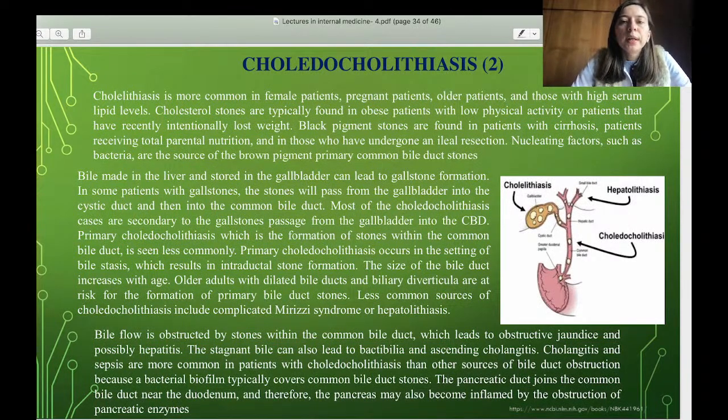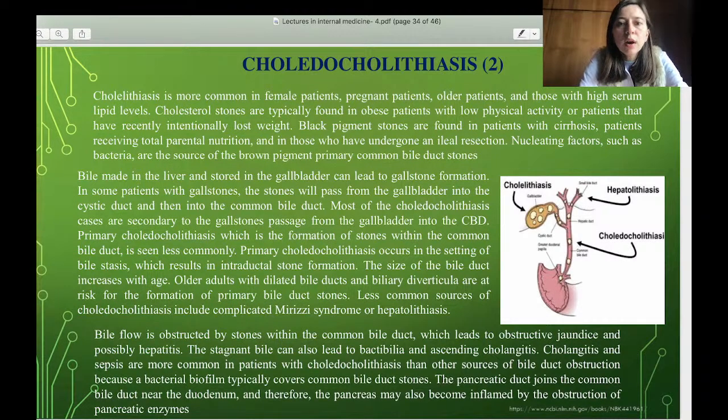Choledocholithiasis is more common in female patients, pregnant patients, older patients, and those with high serum lipid levels. Cholesterol stones are typically found in obese patients with low physical activity or patients that have recently intentionally lost weight.